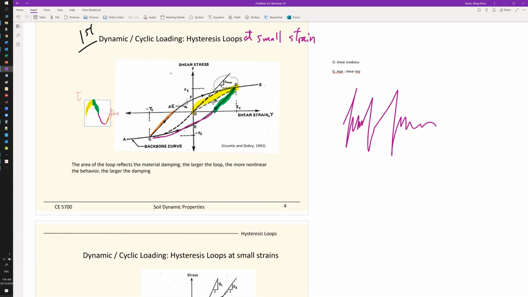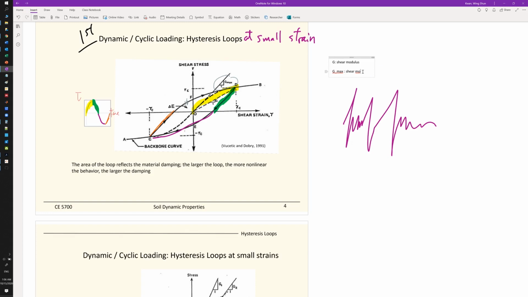This is the second part of the loops, and as you can tell, the slope will get flatter and flatter, and you will have the greatest slope at the very initial part. So this is the stiffest response of the soil. That's what we call the Gmax, at the smallest shear strain.